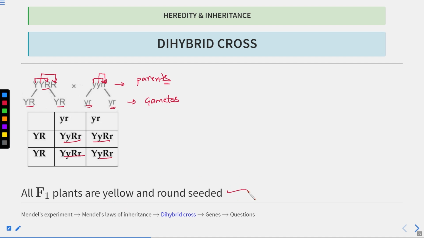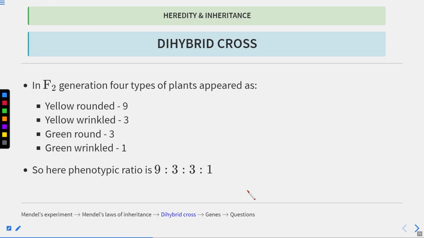Clear? Now, let's talk about the F2 generation. If we self the F1, after selfing of the F1, we get the F2 generation. But here 4 types of plants are produced: yellow and round, yellow and wrinkled, green and round, and green and wrinkled. So this is the phenotypic ratio that we get in the F2 generation.